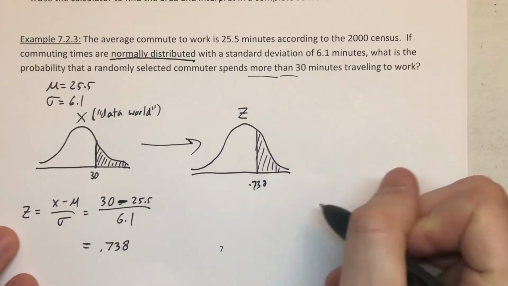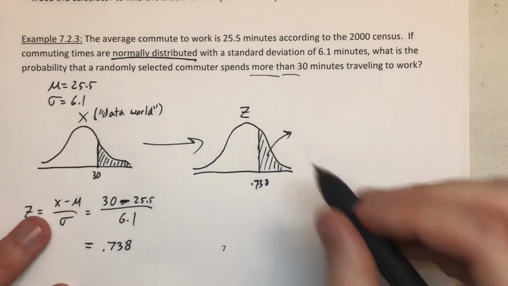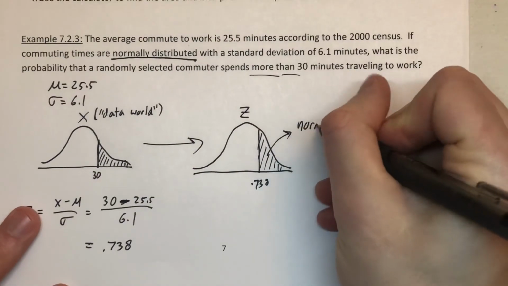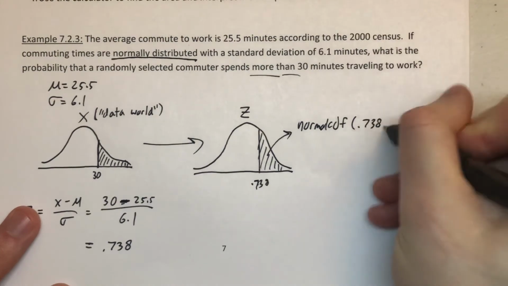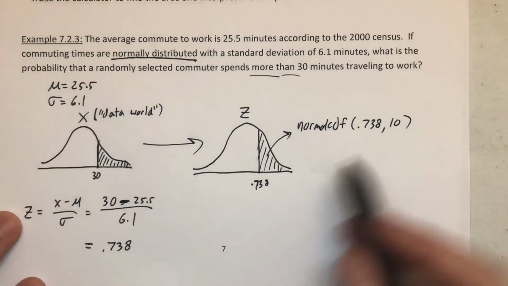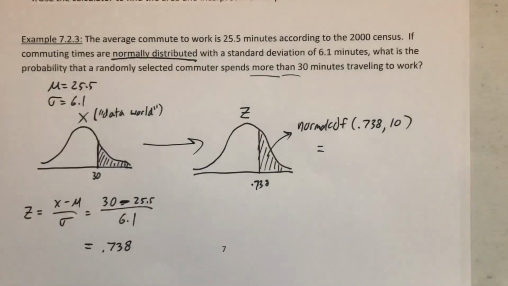And now that we've drawn this picture, we can find that area. Finding that area is now in z-score world. That's where normal CDF comes into play. Normal CDF of 0.738 going on to the right forever, so that's why we didn't need to find two z-scores. We can just go off to positive 10 and see what we get.